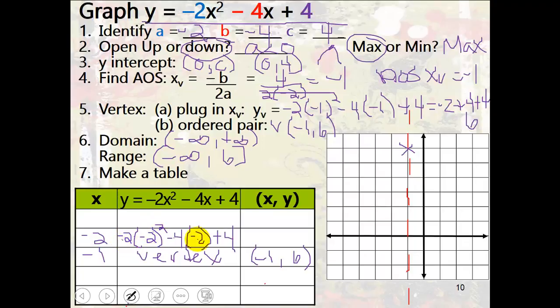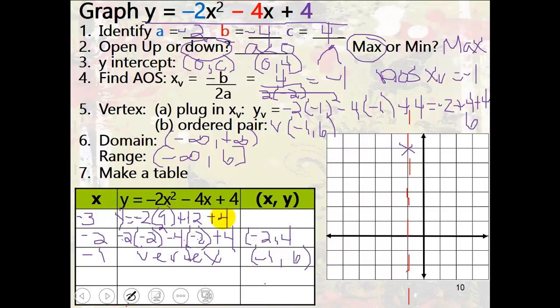Negative 8 plus 8 is equal to 0, and 0 plus 4 is 4. So I get negative 2, 4. And then if I plug in a negative 3, I'm going to get y equals negative 2 times 9, and then plus 12 plus 4.